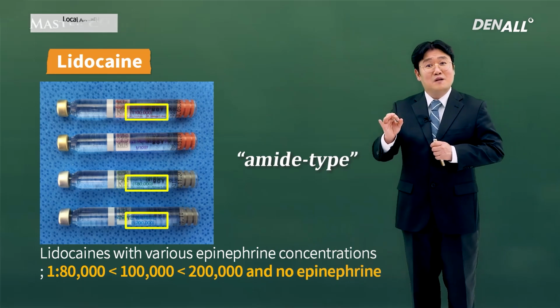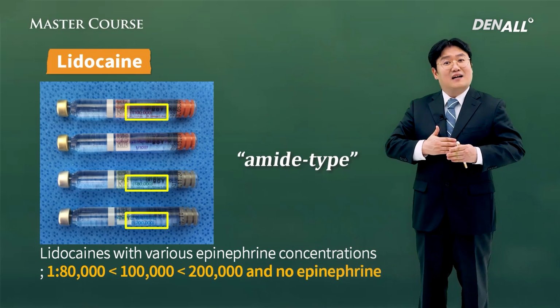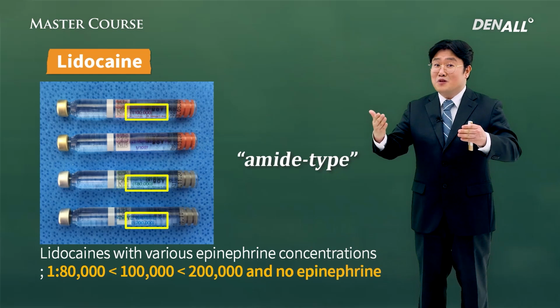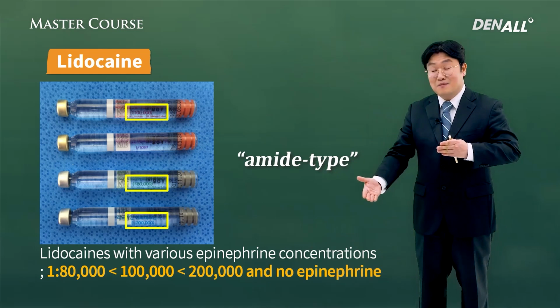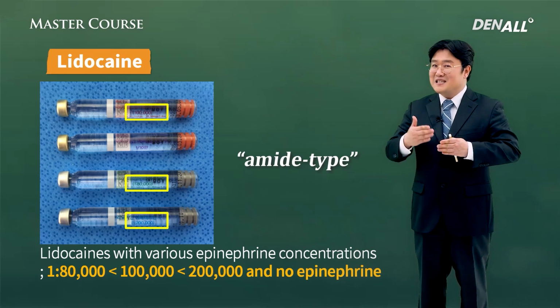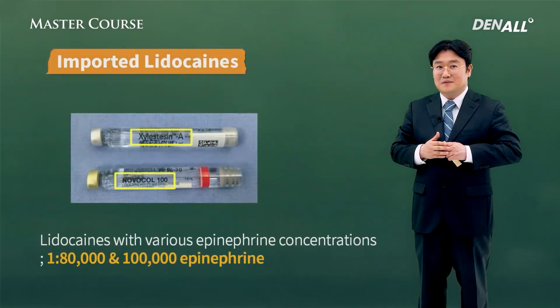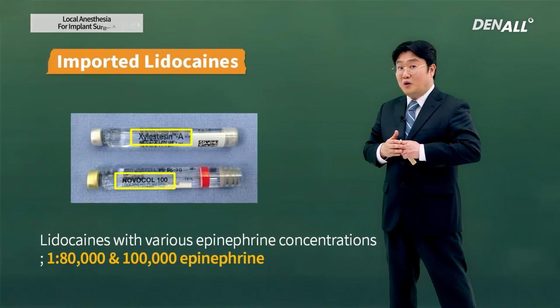This one means the epinephrine volume is small, therefore it is used for a patient with heart disease. It is to reduce the risk if anything wrong can happen to the heart. So 1 to 200,000 epinephrine is recommended for a patient with heart disease.